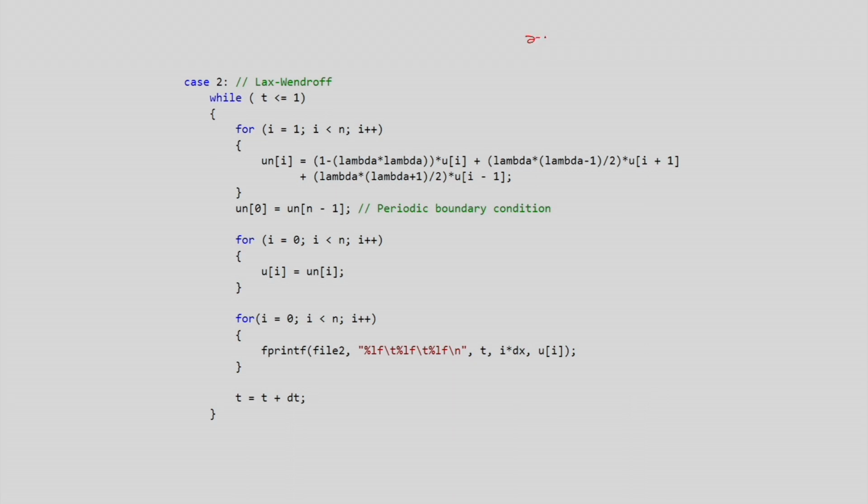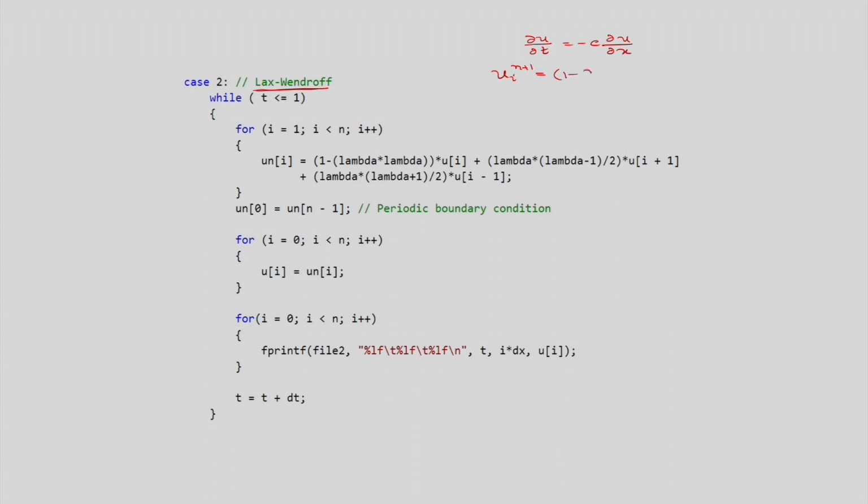So, ∂u/∂t is equal to minus c ∂u/∂x. If you use the Lax-Wendroff method, then what will you get? We already discretized this equation in the last lecture.